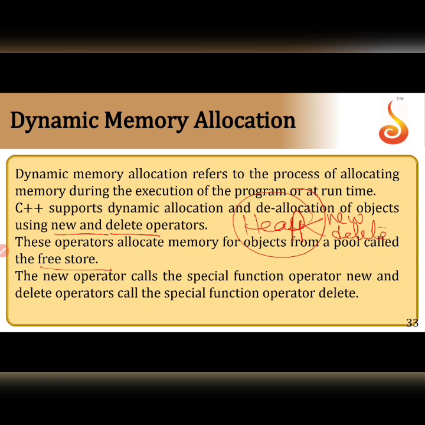The new operator calls the special function operator new, and the delete operator calls the special function operator delete. New is for allocating memory dynamically, and delete is for deallocating memory and putting it back to the heap. Getting it? Please have a look. New is for allocating and delete is for deallocating memory dynamically.